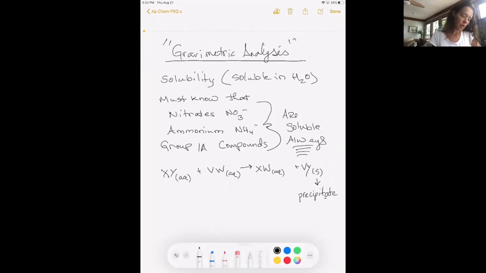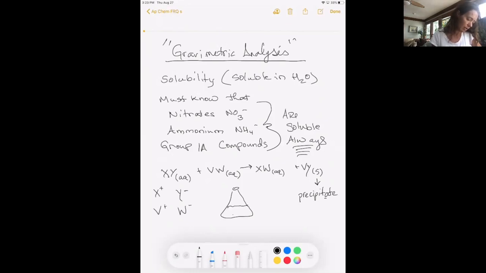right? We envision that we have our solution, our mixture, and initially we've got X ions and Y ions and V ions and W ions, whatever they are.